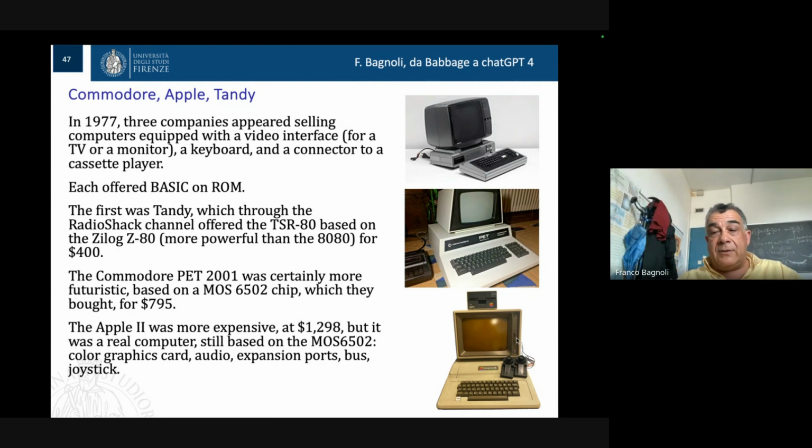Clearly, you can see also how the Commodore PET was aimed at the business world, while the Apple II was sold, for instance, with two joysticks, because it was considered that one of the main ways of using a home computer was to play.